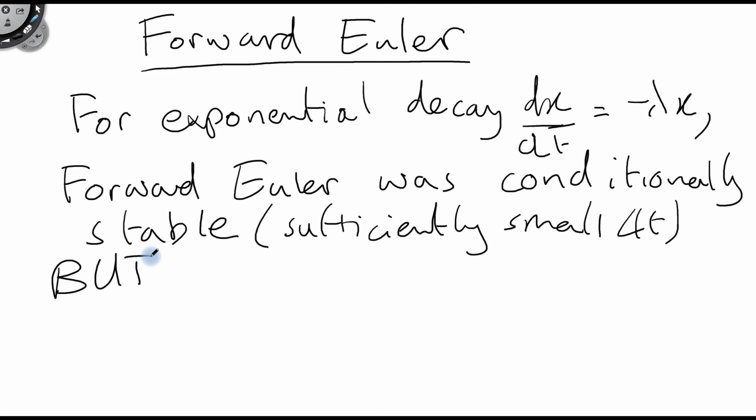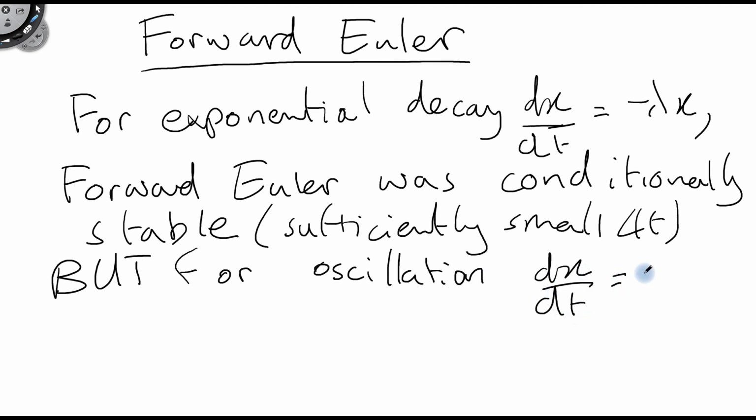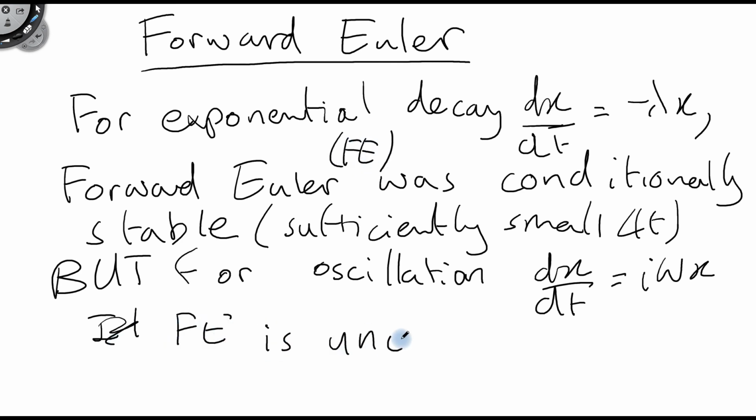But for oscillation, dx by dt equals i omega x, where x now becomes a complex number, and we're taking the real part of both sides, for that case, forward Euler, FE, is unconditionally unstable.